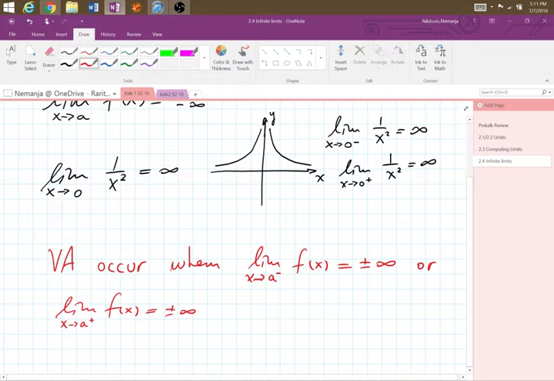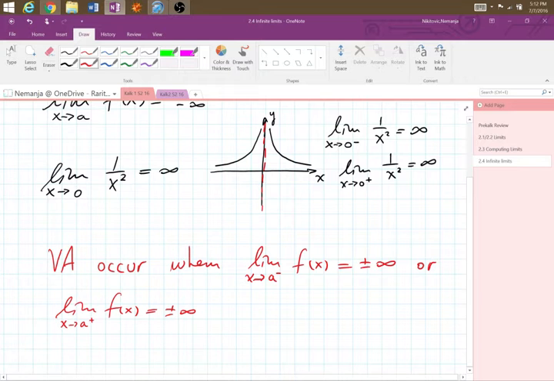So we use one-sided limits to figure out whether there is a vertical asymptote or not. Now, looking at the example above, clearly there is a vertical asymptote at the y-axis, which is x equal to 0, as the limit for that was infinity.